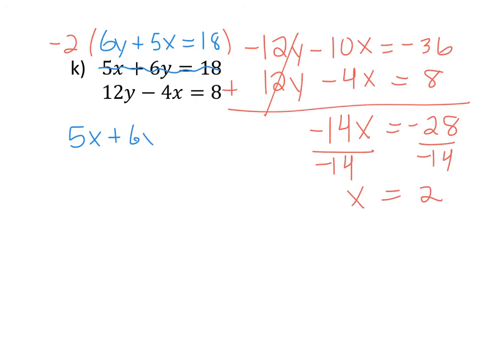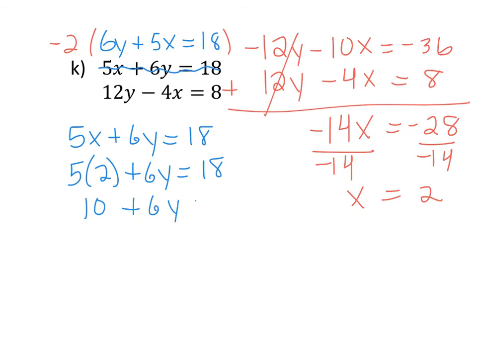5x plus 6y equals 18. I have x. 5 times 2 plus 6 times y equals 18. 10 plus 6y equals 18. Subtract 10. 6y equals 8. Divide by 6.